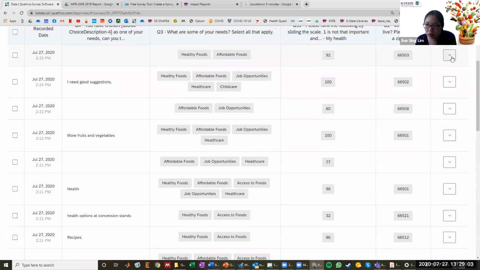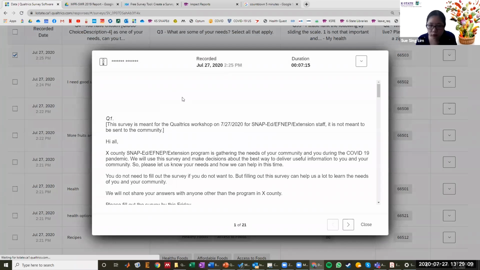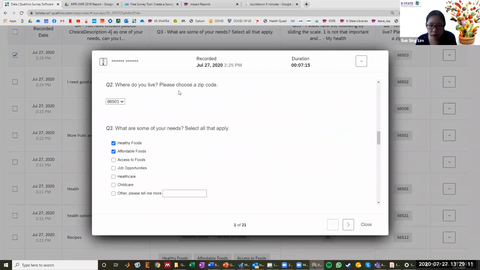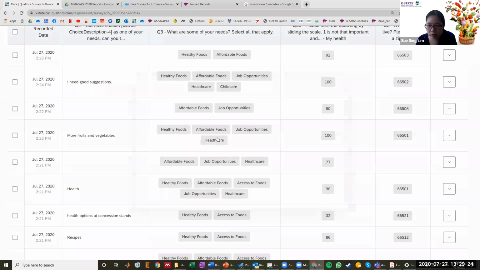You can also look at each person's responses. So if you click here and then view response, you will see that, okay, this particular person lives in 66503. The person says the needs are healthy foods and affordable foods. I typically don't look at a particular response unless I need to.